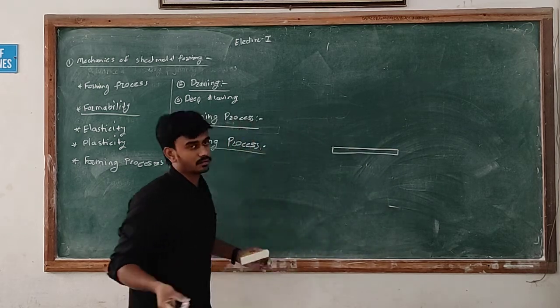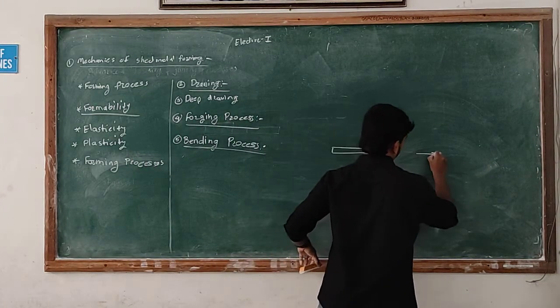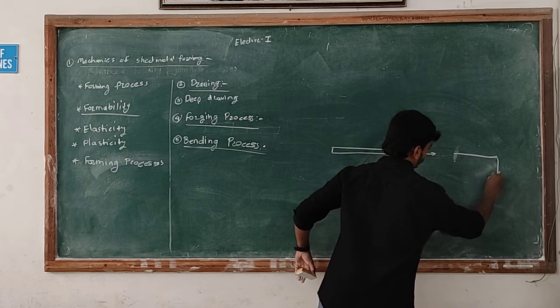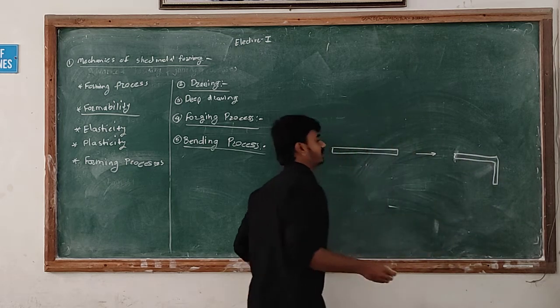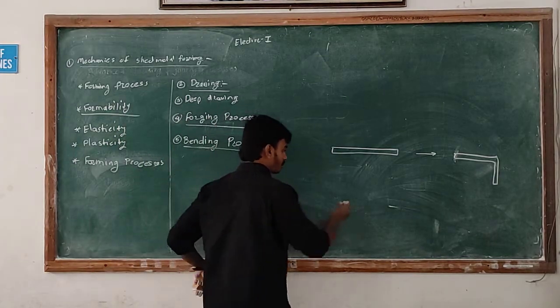Suppose this is my raw material and I want to convert this material into this shape. So how can we convert this?